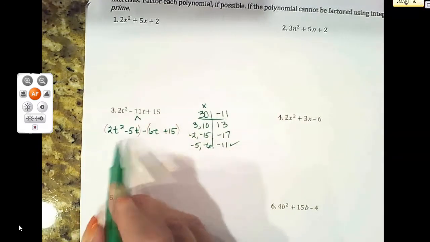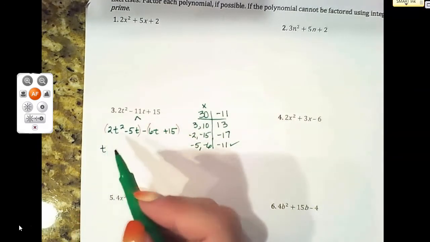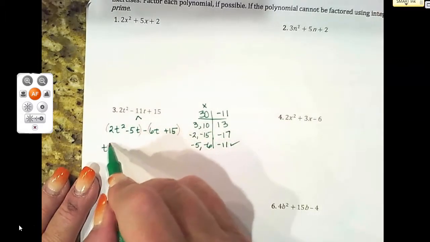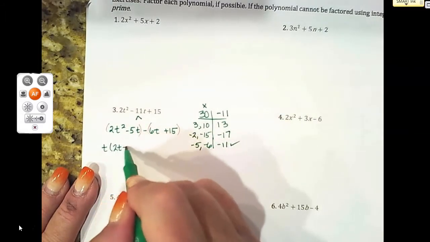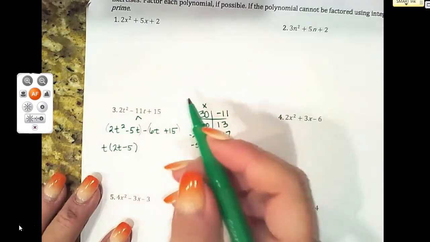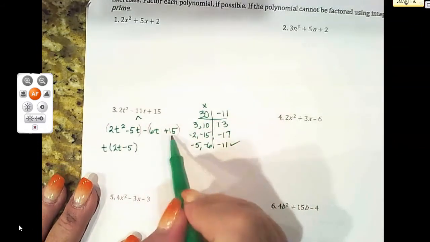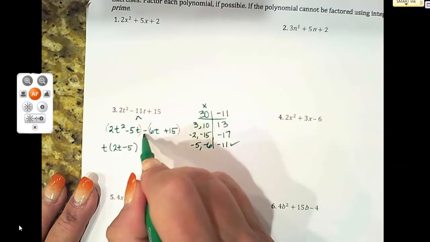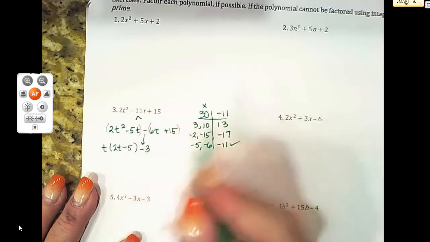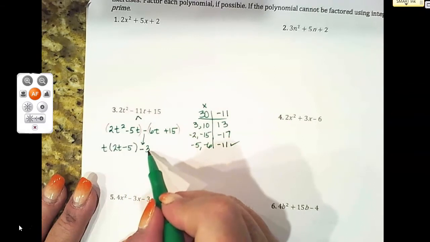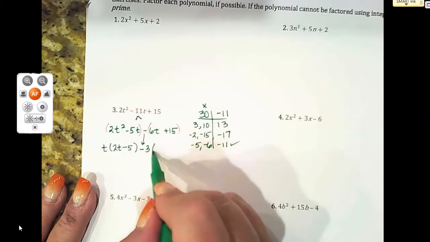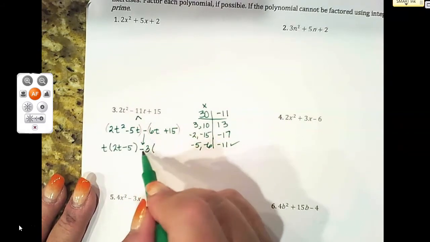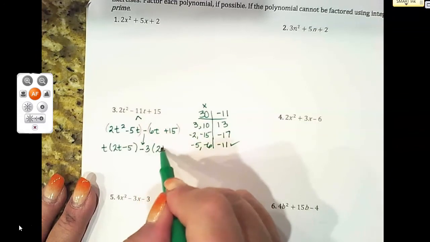Of the first 2 terms, the only thing that goes into both is a t. That leaves me with 2t minus 5. And then in my next 2 terms, I see that a 3 goes in, and that minus sign is just going to come right down. So I'm actually factoring out a -3 out of both. That way I can do minus 6t divided by minus 3, and I get a positive 2t.